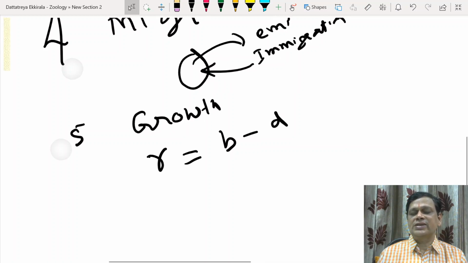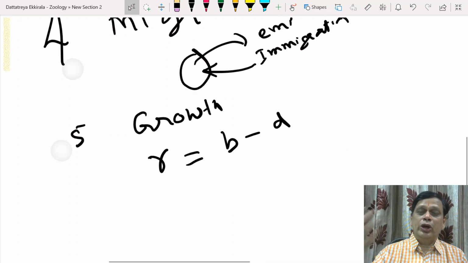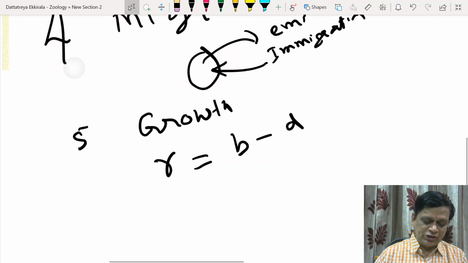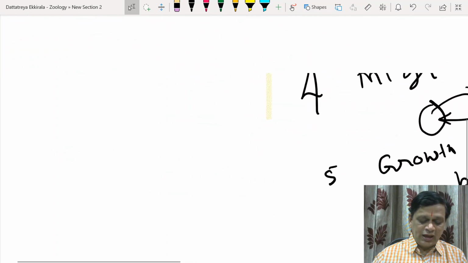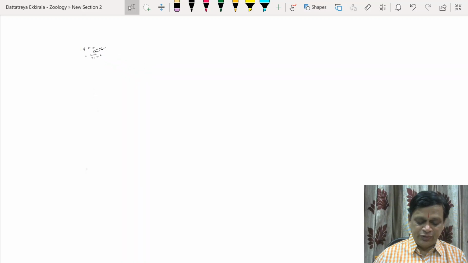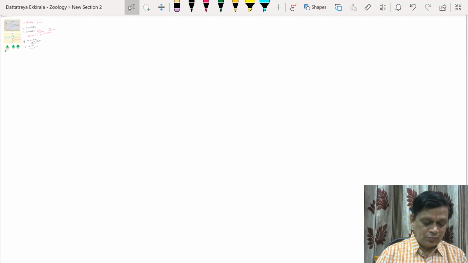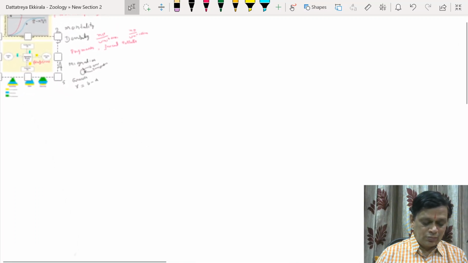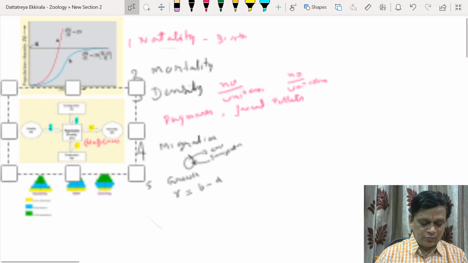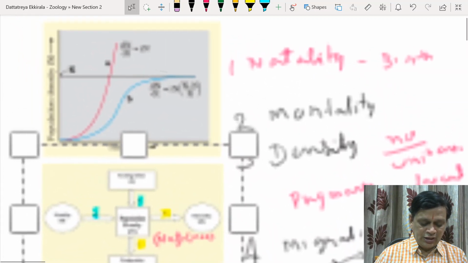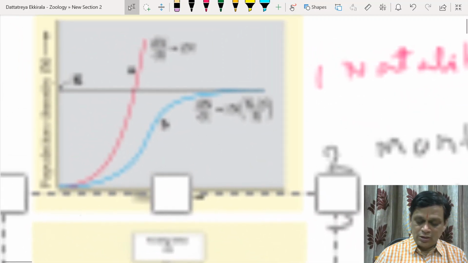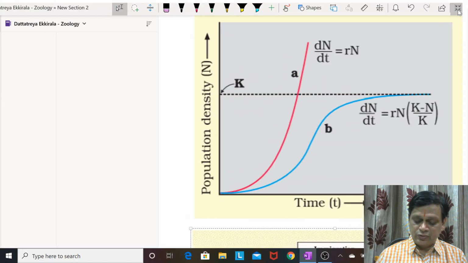Just for example I am giving. Then you have to multiply this with the initial population. But growth curves as such, there are two types of growth curves.